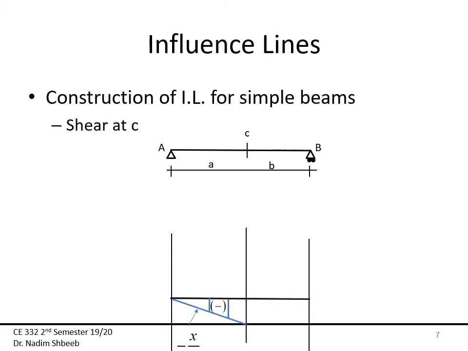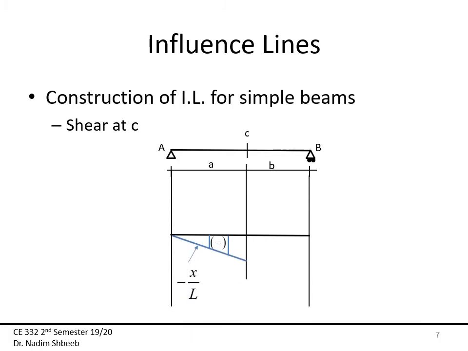So to draw that, the shear at C, again, since I found that first, was represented by minus X over L. So you can see here, as the load is here, I'm only getting negative values for shear. Putting X equal to A, this value here is going to be A over L. Plotting now the other one, where this is now my function 1 minus X over L, so this is now going to be my By.